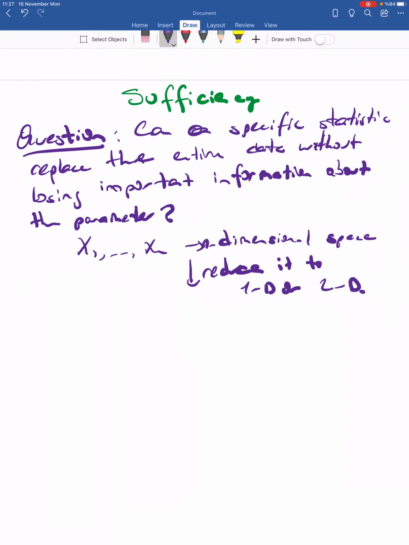Okay, so just find a sufficient statistic. We want to reduce our n dimension to 1 dimension or 2 dimensions by using this sufficient statistic. This sufficient statistic has all possible information in the sample to be able to estimate the parameter.